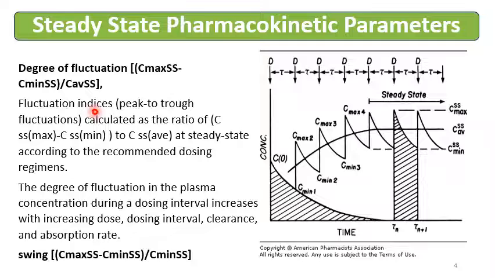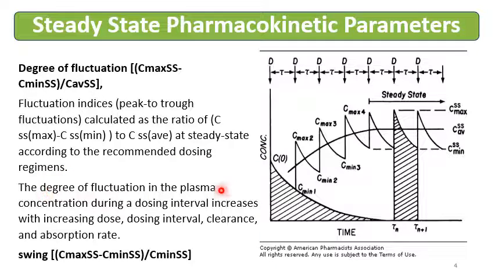Fluctuation index, peak to trough fluctuation, is called the ratio of CSS max minus CSS min to the CSS average at steady state according to the recommended dosing regimens.